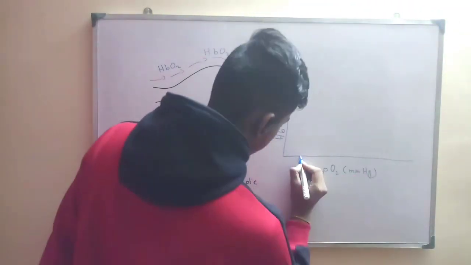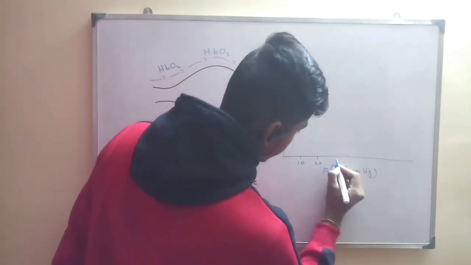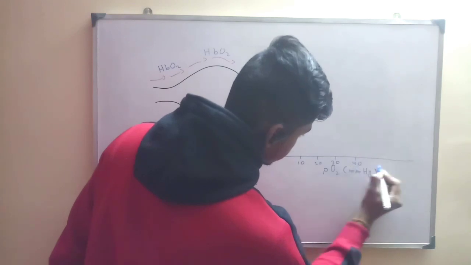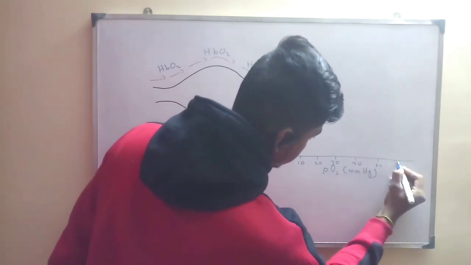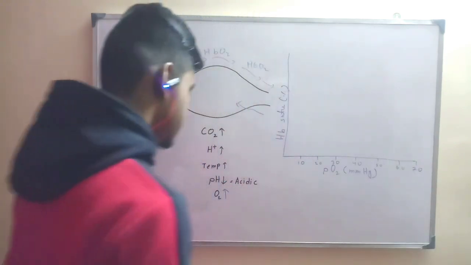The partial pressure parameters are 10, 20, 30, 40, 50, 60, 70, and so on.